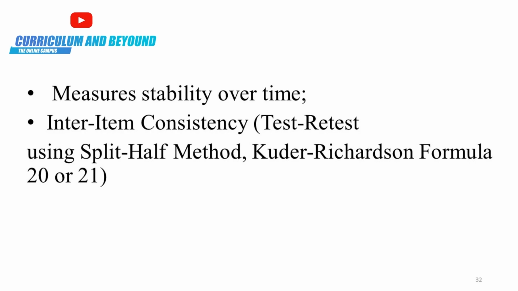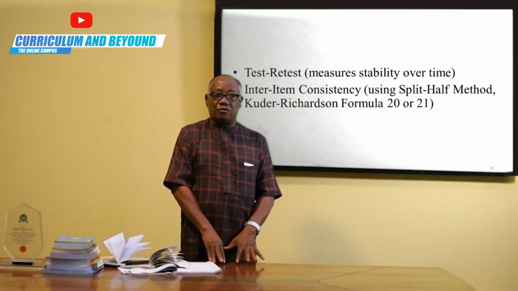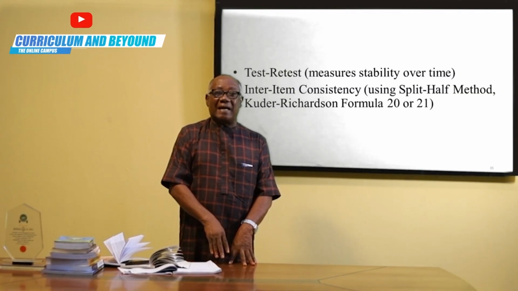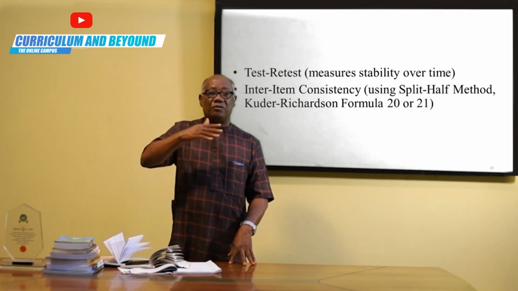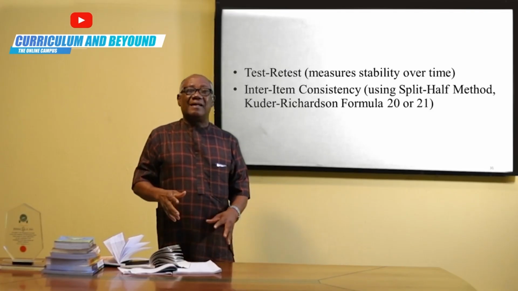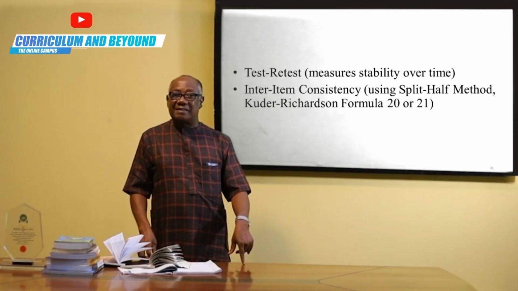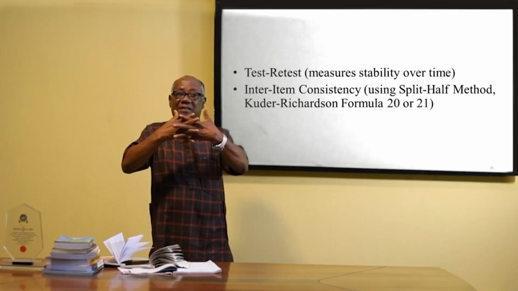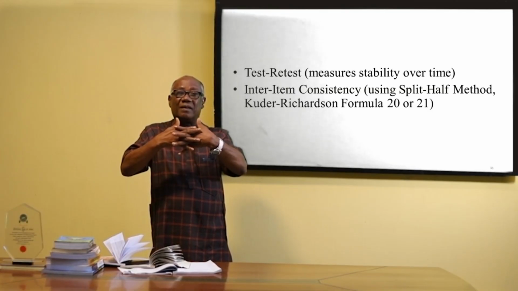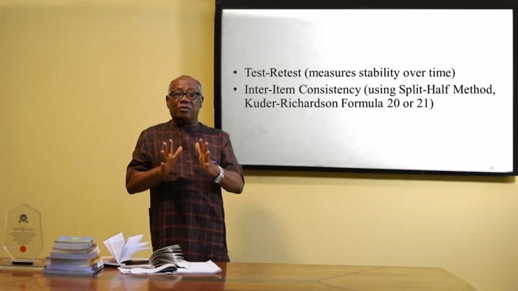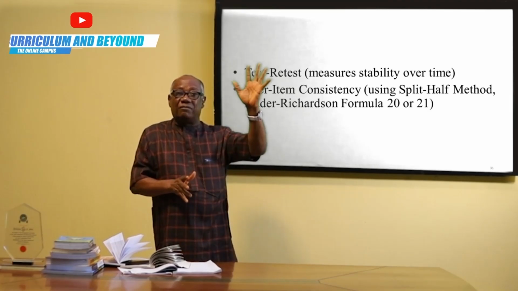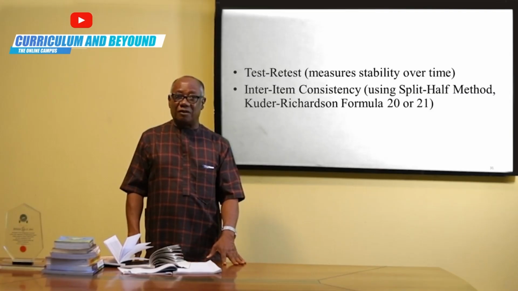Now, when you talk about stability over time, you are saying that you give the test to the subject today, then after 2 weeks, you give the same test to the same persons that have taken the test in the first instance, and then you do a correlation statistic to see the magnitude of relationship between the same students' responses in the first and the second administration.